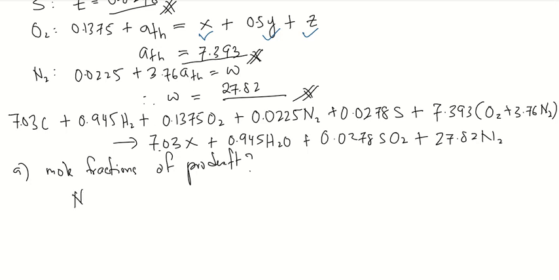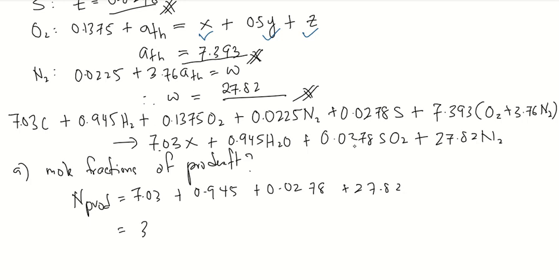So n product is the summation of all the number of moles of the products: 7.03 plus 0.945 plus 0.0278 plus 27.824. The value here is 35.82 kilomole.